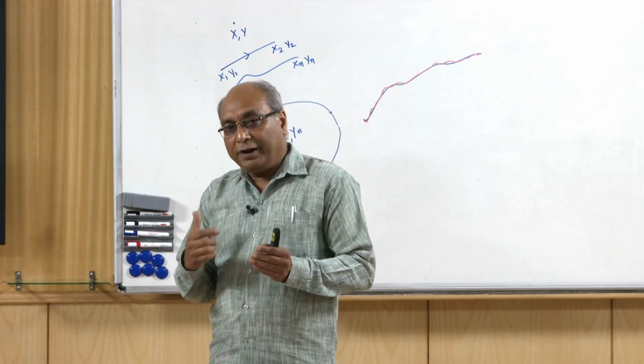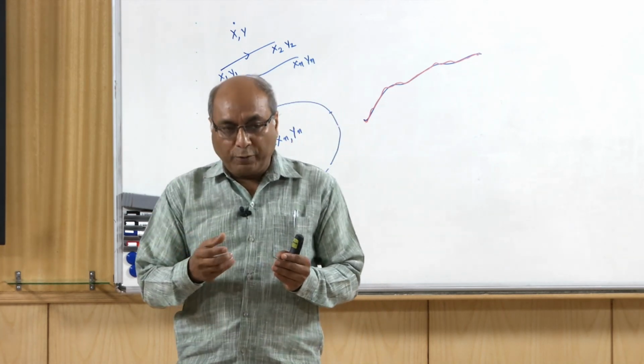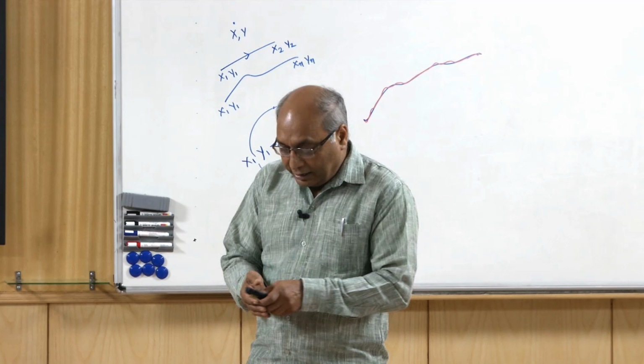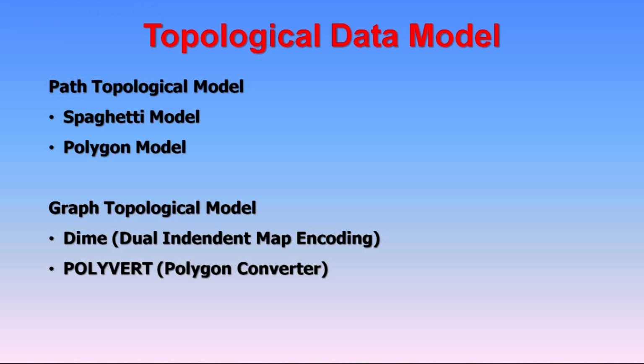So the softwares, like CorelDRAW and many graphical softwares which use vector data, have implemented only the path spaghetti topological model, not the path polygon topological model. In GIS softwares, the path polygon topological models have been implemented.